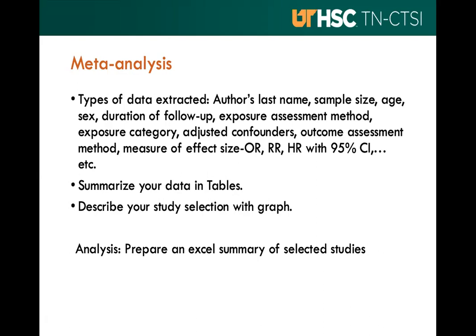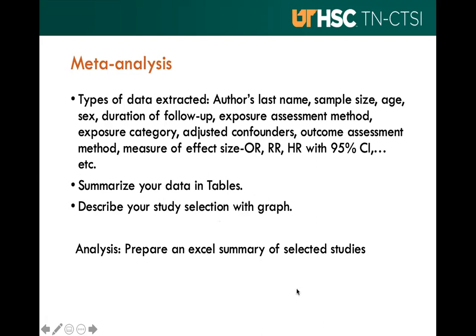And then further, you exclude studies that do not have relevant data for the meta-analysis, and also exclude studies that are reviews, that are previous meta-analyses, and studies that were conducted in animals and the likes. And then finally, probably you end up with only 10 original studies for your meta-analysis. So you describe this study selection procedure in a graph.